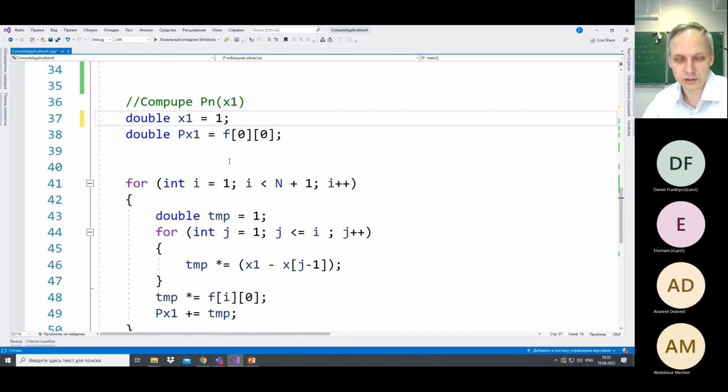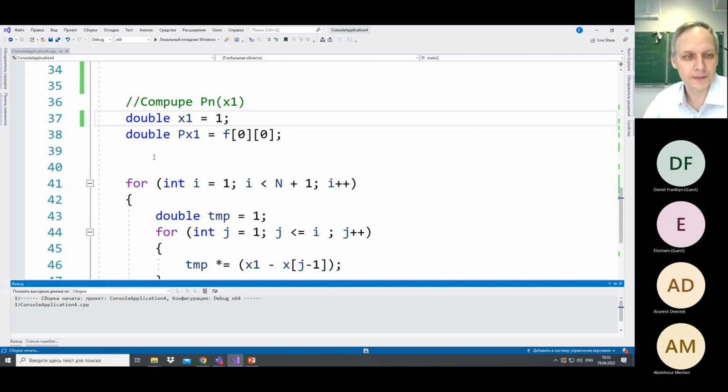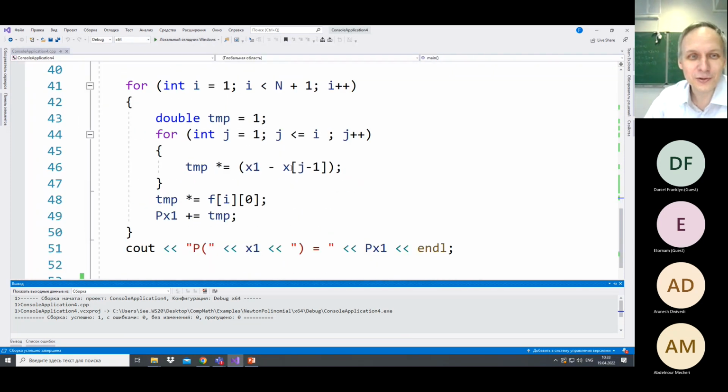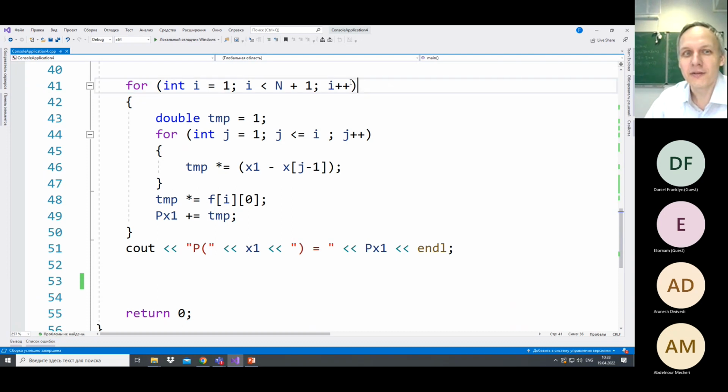We know that it should be 2. Yes, P of 1 equals 2. How can it be computed? Two loops. The first loop.